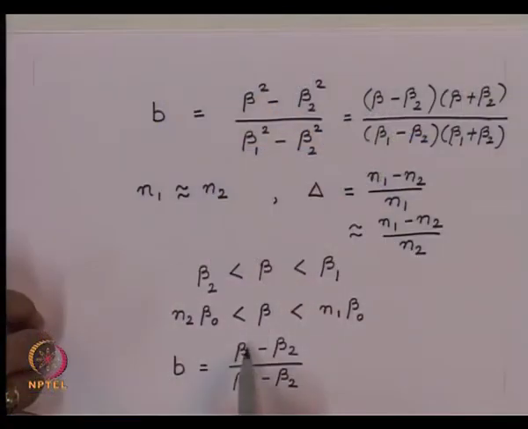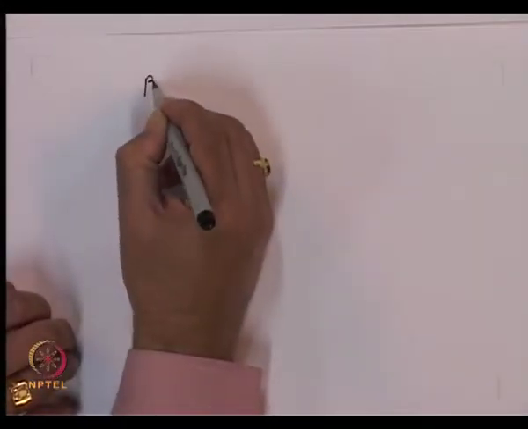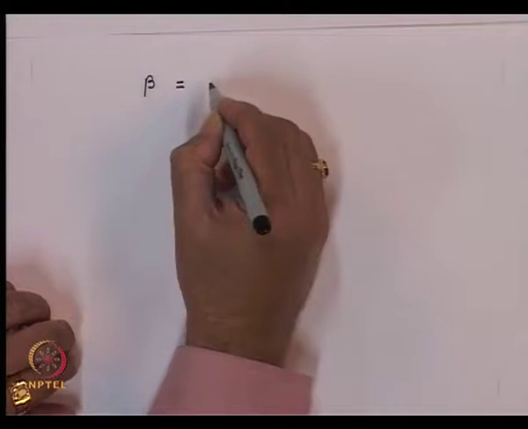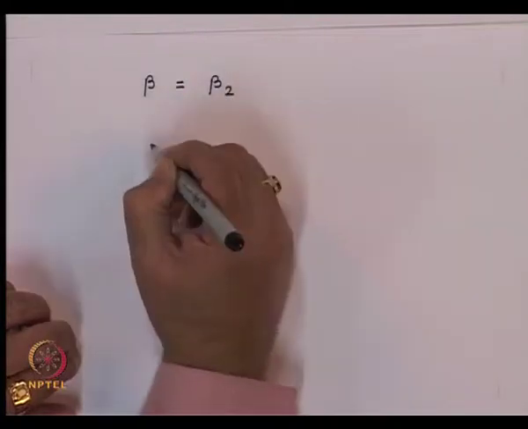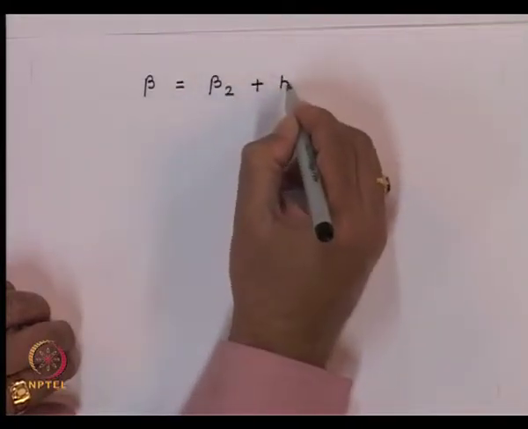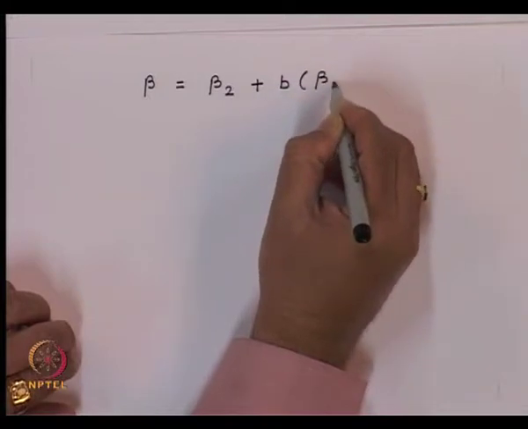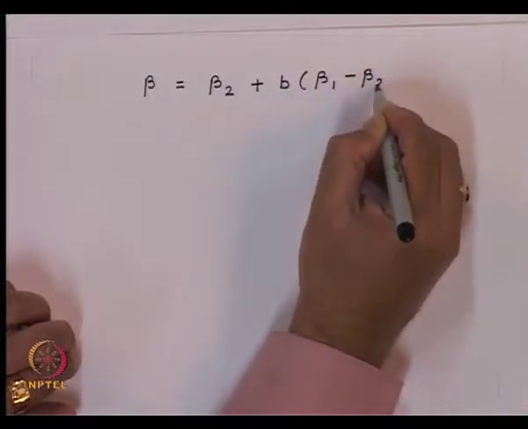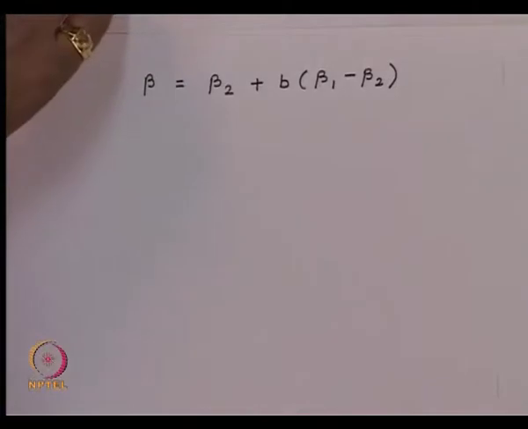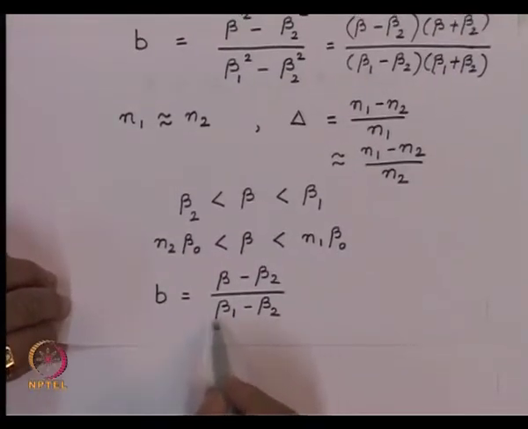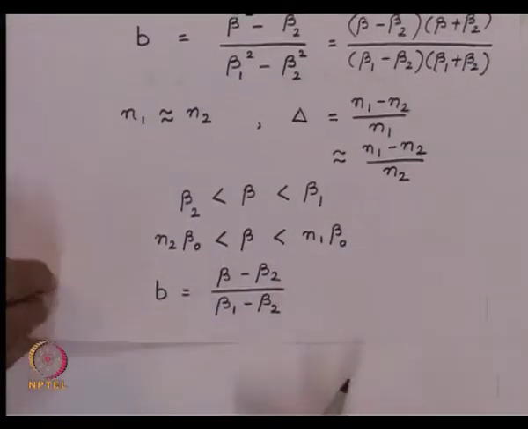Once you do that, then I can invert this relation and find this quantity beta, which I can do as beta equal to beta 2 plus B into beta 1 minus beta 2. So I just take this beta 1 minus beta 2 here, bring beta 2 to the other side.